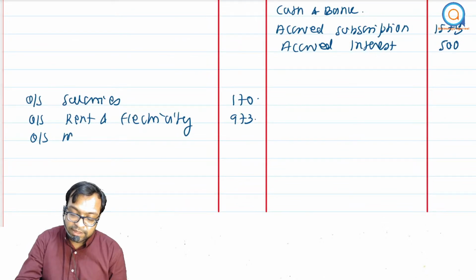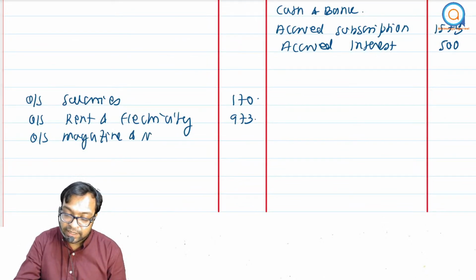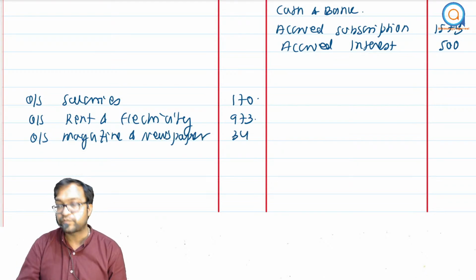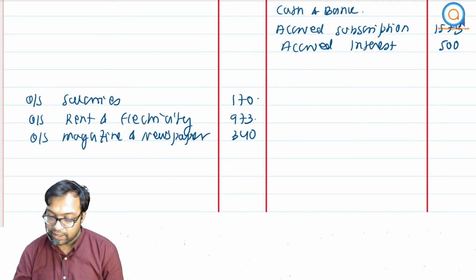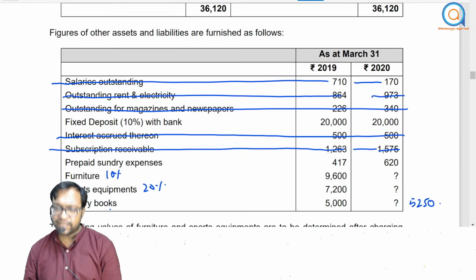Write outstanding magazine and newspaper 340. Correct? Am I clear? Okay. Next sir, next sir, next.